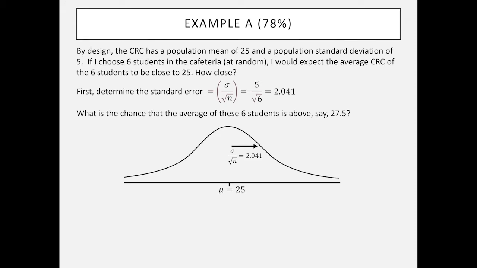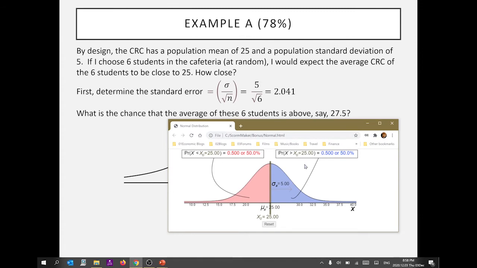So then, if I were to say what is the chance that the average of these 6 students is above, say, 27.5, this gray area on the side there, well, what would you do? Well, you'd use that normal app, click on it, and we'd have to change the spread here to 2.041. I can do that here. And then I'd say it's got to be 27.5, so I'll change this to 27.5.